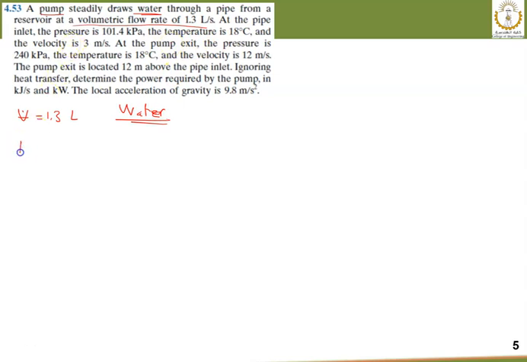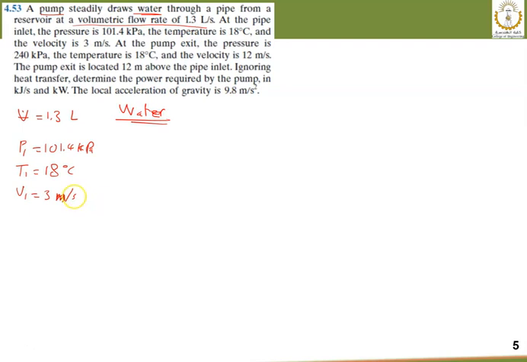At the pipe inlet we have pressure P1 equal to 101.4 kilopascal, so it's atmospheric pressure, and T1 equals 18 degrees centigrade. The velocity V1 equals 3 meters per second.